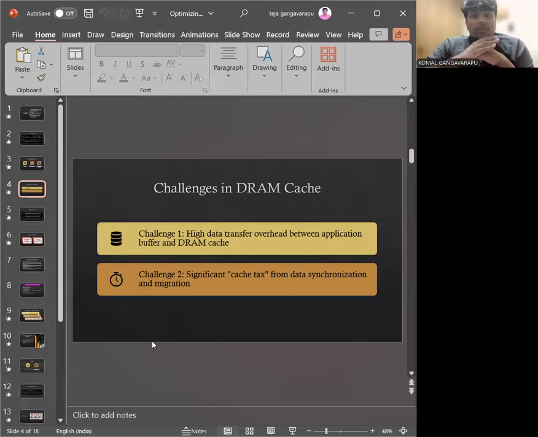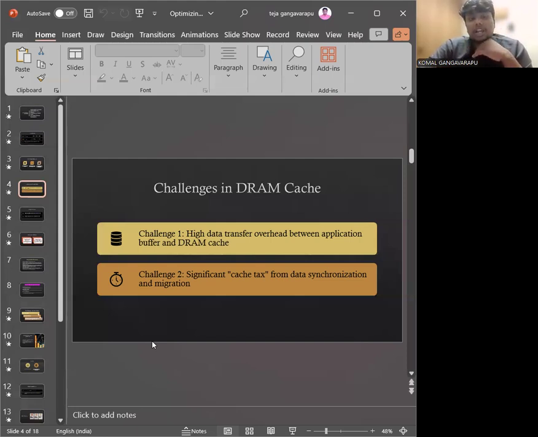The continuous shuffling of the data creates a substantial overhead, which can negate the performance benefits of using DRAM as a cache. This overhead manifests as increased latency and reduced throughput, impacting the overall efficiency of the file system. We all know what throughput is. And this is basically challenge one.